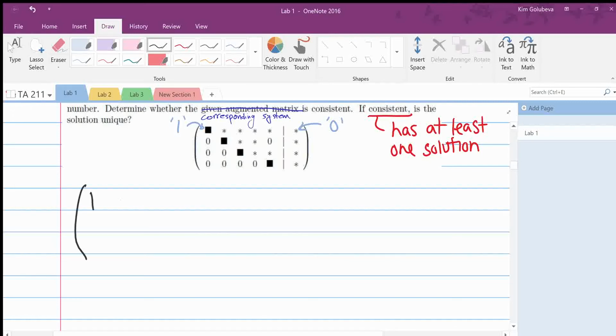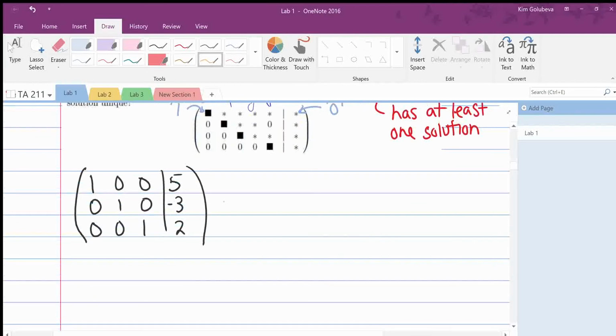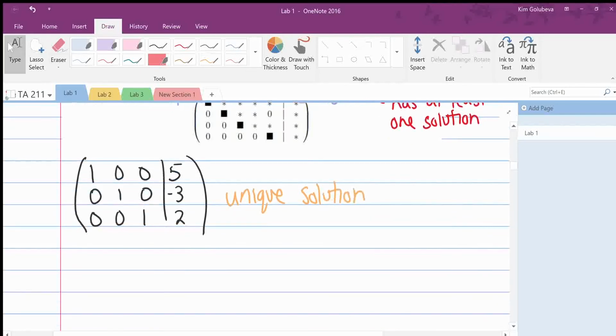So let's just do an example matrix here. We'll do 1, 0, 0, 0, 1, 0, and I don't know, let's do 5, negative 3, and 2. So something like this is going to be a unique solution. And the reason why it's a unique solution is because if you look at every single row here, there's a leading 1 in every row, okay?